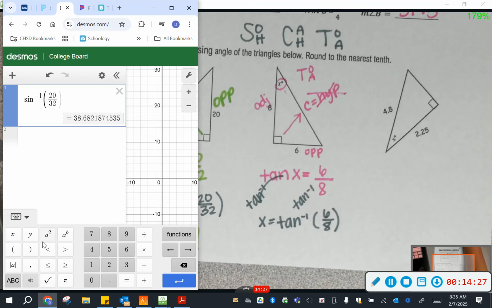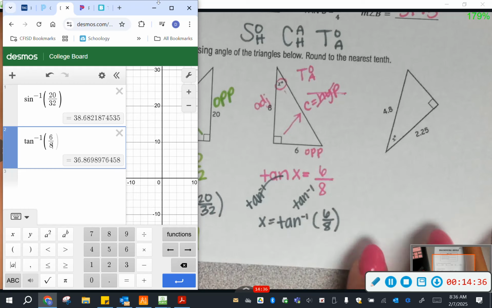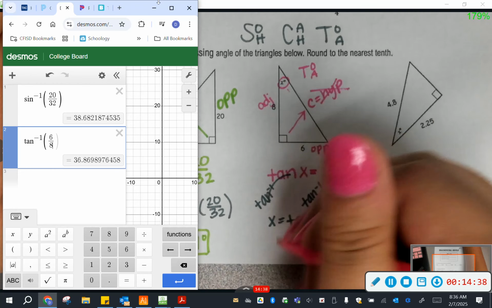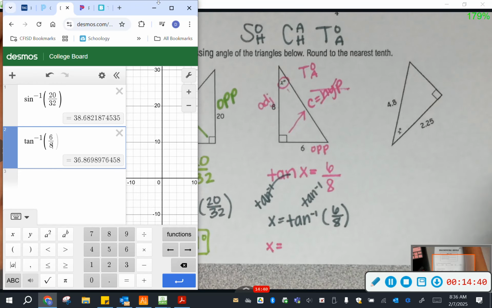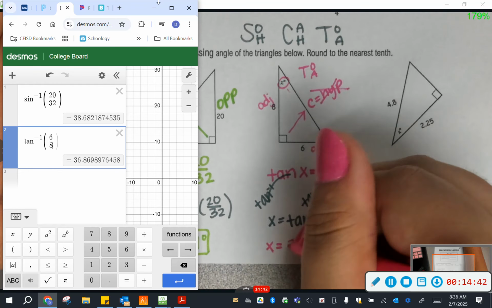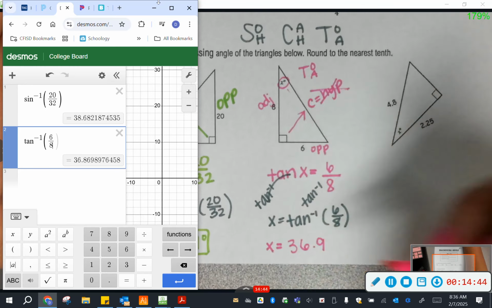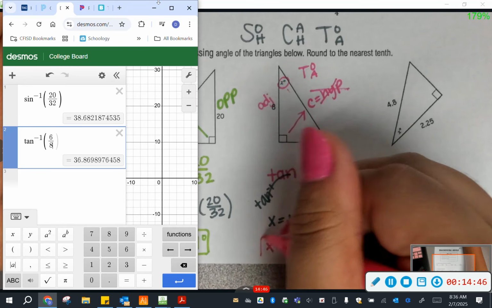And what is the inverse tangent of 6 divided by 8? What does x equal? 36.9 what? Degrees.